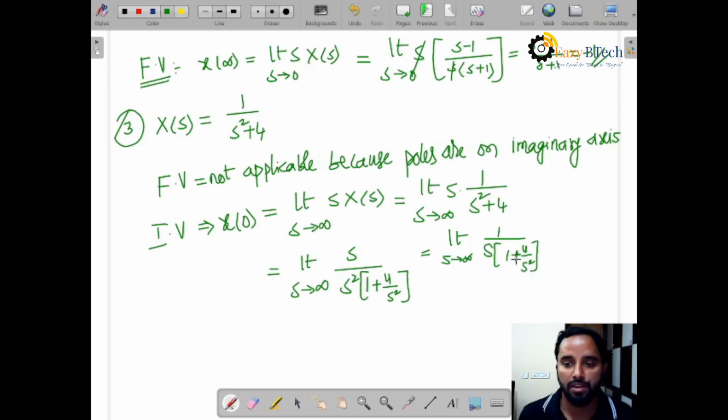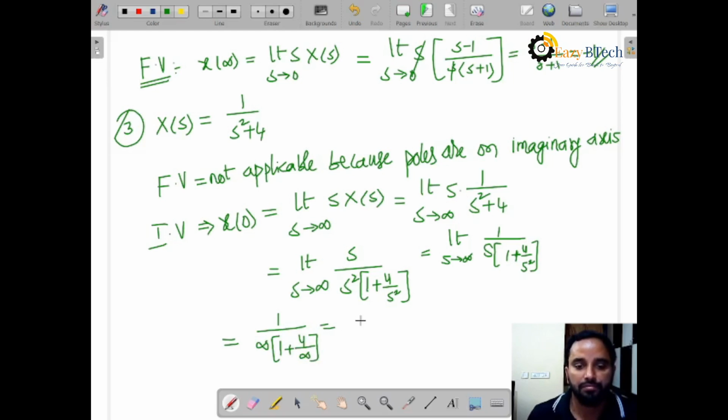Now we can apply the limit s tends to infinity, because there is no 0 by 0, infinity by infinity, or 0 into infinity problem now. So 1 by infinity into 1 plus 4 by infinity, which is 1 by infinity into 1 plus 0. So we are getting 1 by infinity, which is equal to 0. This is the initial value.